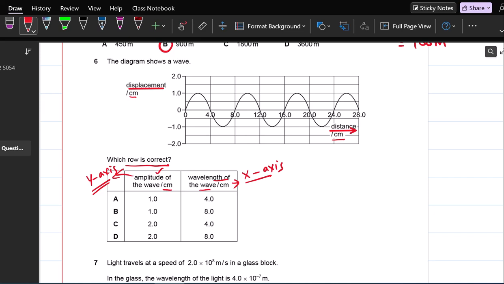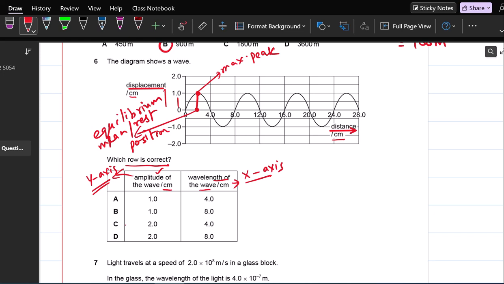So amplitude is from the mean position, or you can say equilibrium position, to the maximum peak. So here we have the maximum peak. This is the equilibrium position, or you can say mean position, or rest position. The distance between these 2 points is 1 centimeter, you can see.